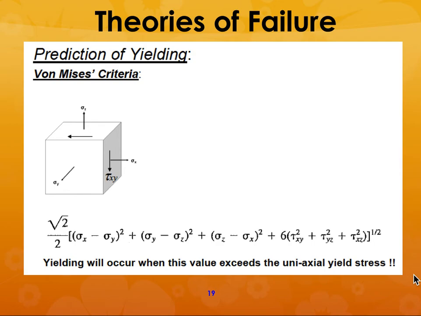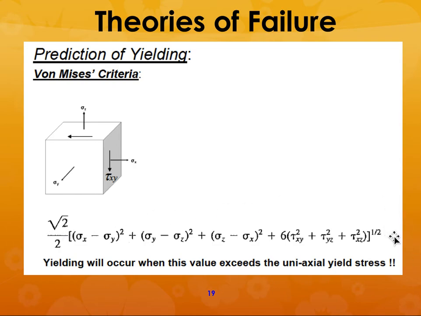And the next one is called the von Mises criteria, which is slightly more complicated than the Tresca criteria. So in this case, if you know the stresses in the sigma x, sigma y, and the sigma c conditions, this is given by this equation.